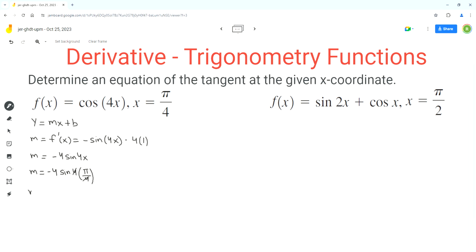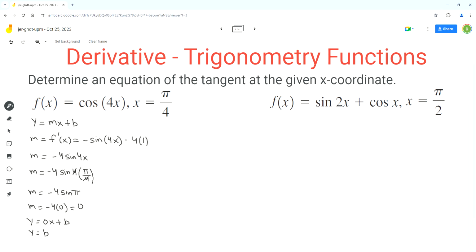So we get minus 4 sine pi, and we know that sine of pi is equal to 0, which is equal to 0. So that means the slope of this tangent is 0. Now we can sub in the m value in the equation. So 0 times x is 0. So we just get y equals b.